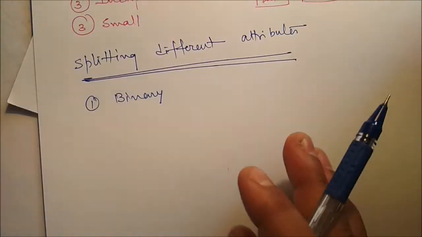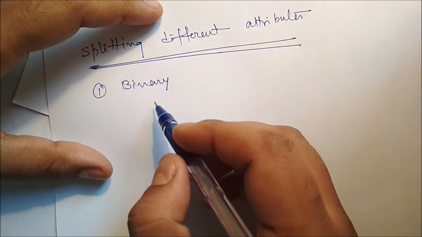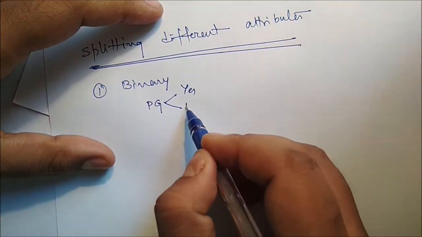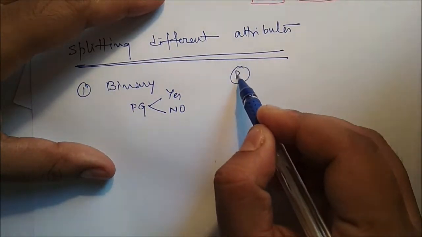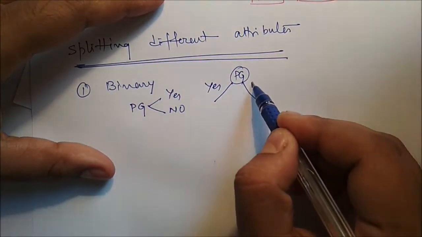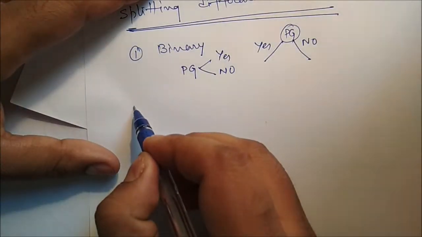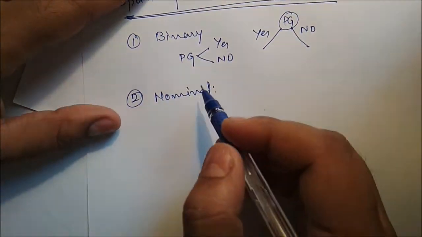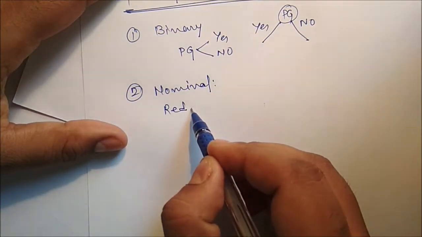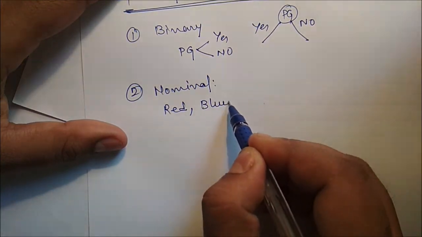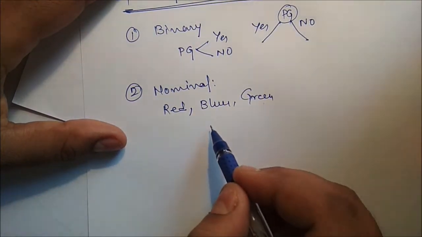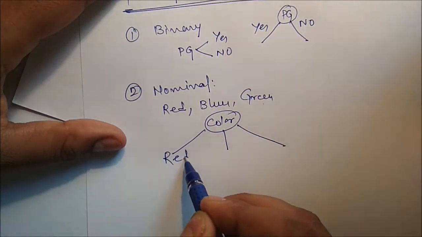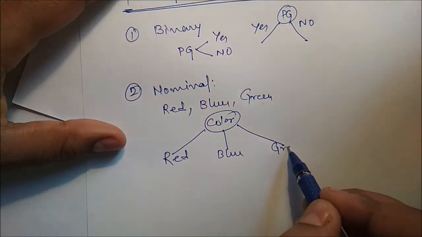If it is binary, for example, whether a postgraduate degree is there or not, yes and no, we can create two branches, one for yes, another for no. Similarly, if the attribute is nominal, meaning categorical, for example colors such as red, blue, green, then for the color we should have three branches, one for red, another for blue, and one for green.